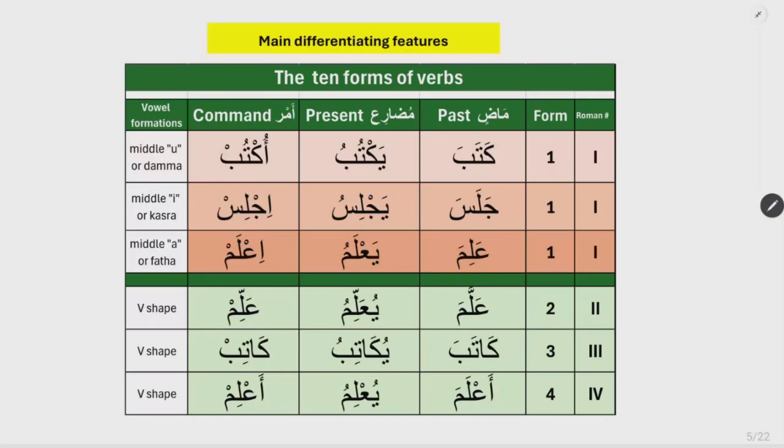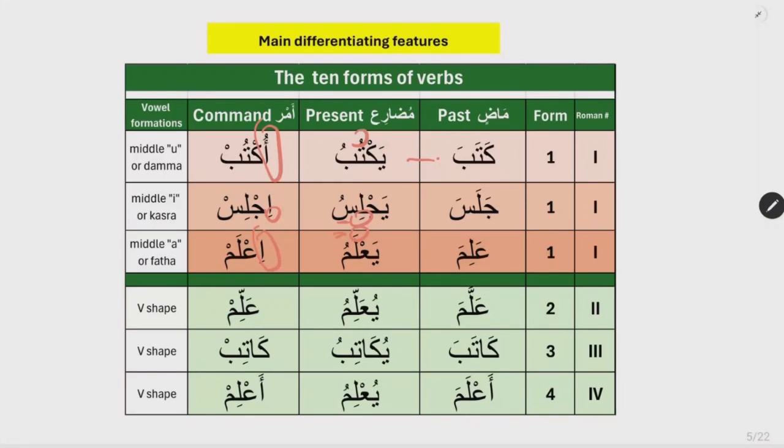But if you remember specific examples, like kataba yaktubu, you remember alif takes damma because of this middle letter here. Jalasa yajlisu becomes alif with the kasra, and alima ya'lamu, so both kasra and fatha here take alif with the kasra on it. So this is the form 1.